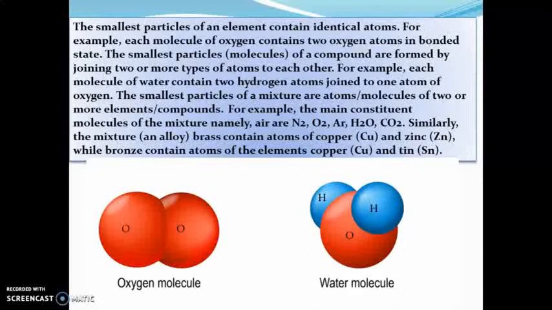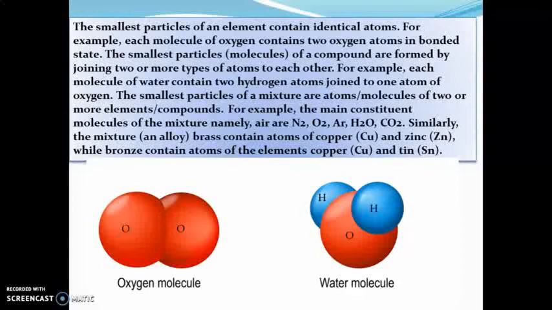So this is a compound where atoms are bonded to each other. For example, each molecule of water contains 2 hydrogen atoms joined to 1 atom of oxygen. As we can see very clearly, children, here 1 oxygen atom is bonded to 2 hydrogen atoms.